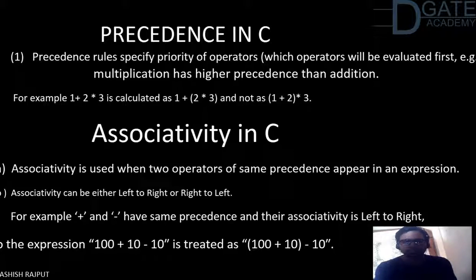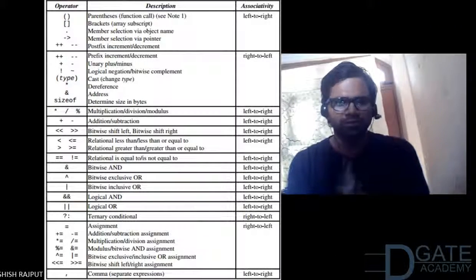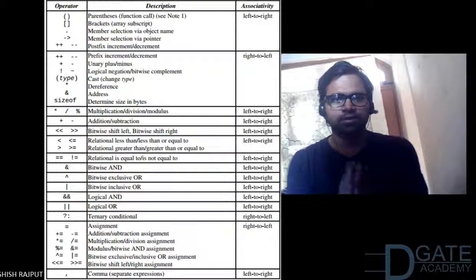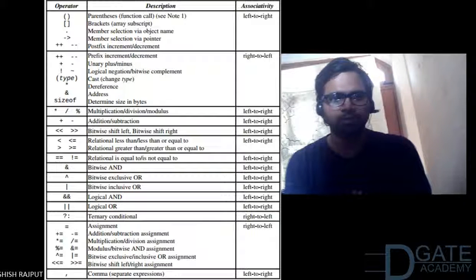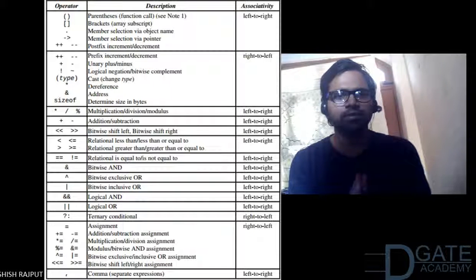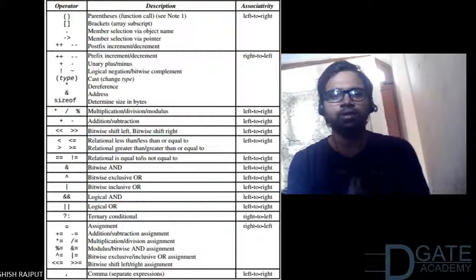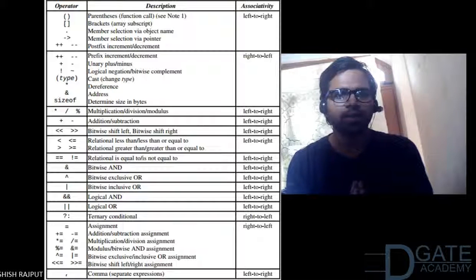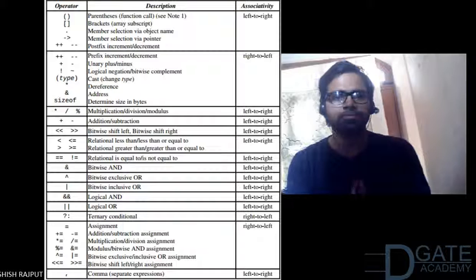Second, I will give the rules, and you can download this table from any website. This is the most important table of the rules of associativity. Firstly, brackets will always have the highest priority in the C language, and next will be arrays, the bracket and array subscript, which is the second priority, going left to right.